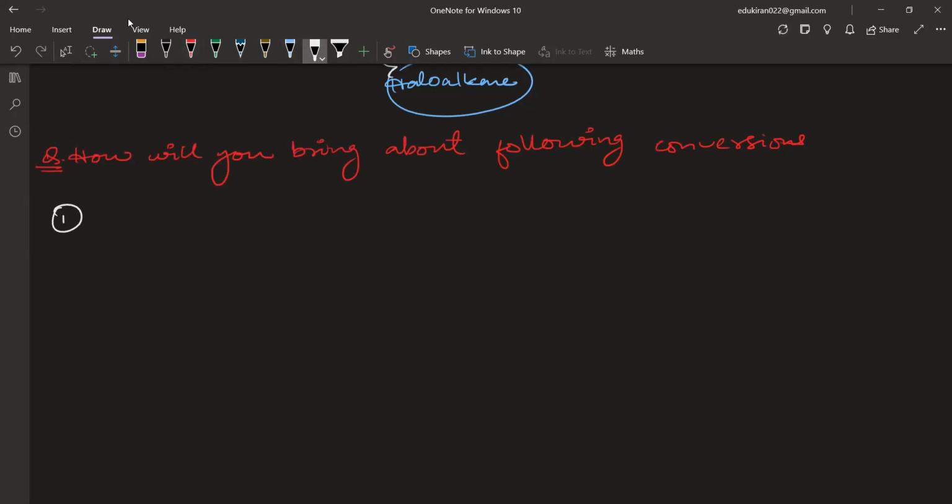The first one, propene to 1-fluoropropane. So peroxide we have to use here. To draw the whole thing, then send me on WhatsApp. Okay, sir.